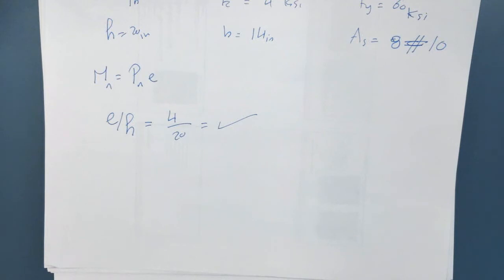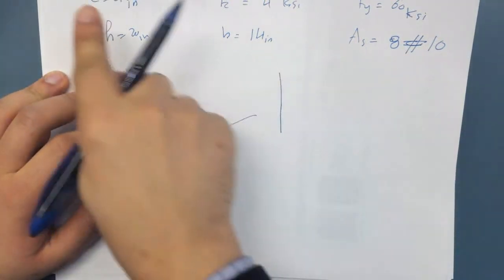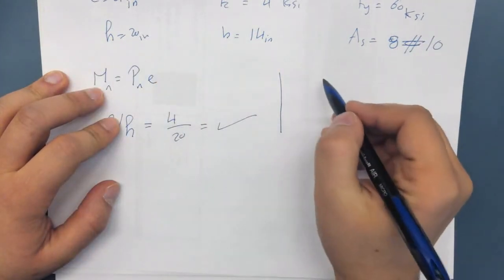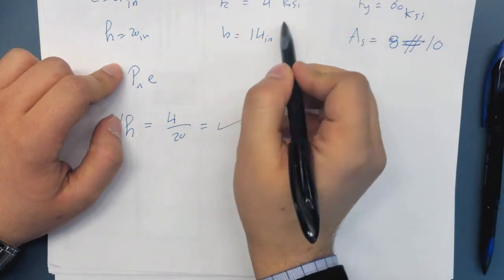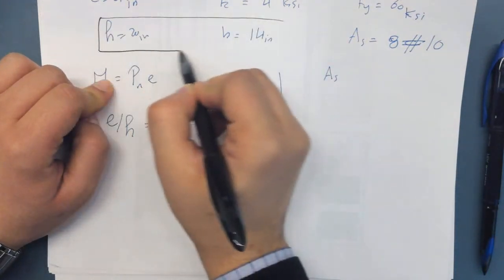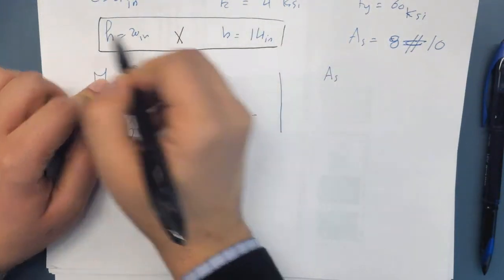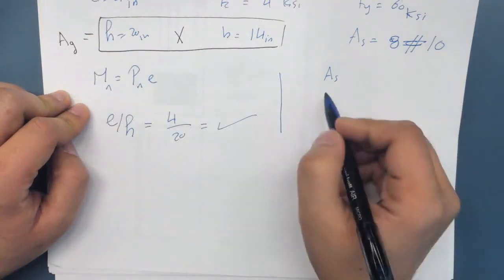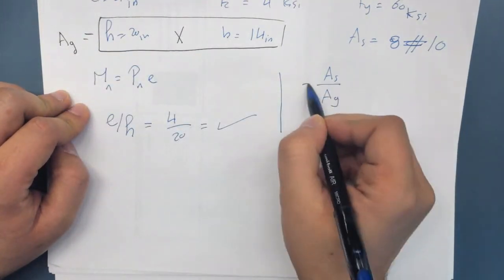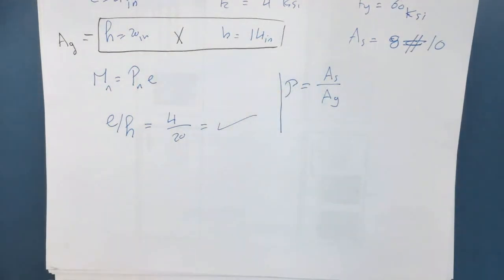Which point exactly? If you also look closely over here, you will see that we have the steel AS, and we have the concrete section, which is a multiplication of these two. So multiplying both of those is going to give you AG. And AS divided by AG is what we defined as rho.